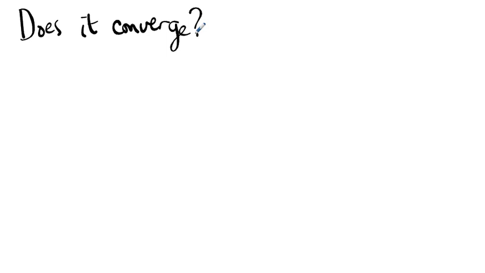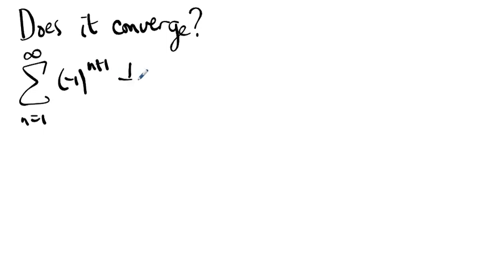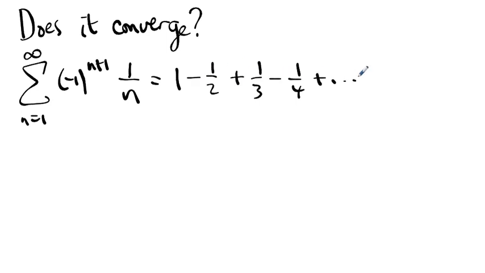Does it converge? This is the harmonic series, but we throw the alternation in. This is the harmonic series, 1, a half, a third, a fourth. But these make this positive, this negative, this positive, this negative, and so on.